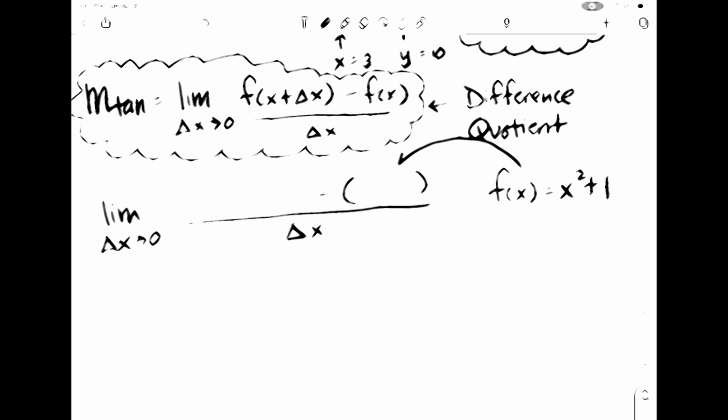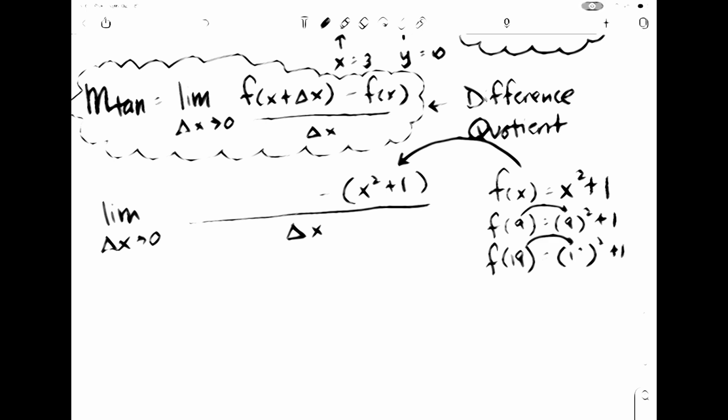They've given us f of x, x squared plus 1. The harder part will be figuring out what is f of x plus delta x. Well, f of 9 is something squared plus 1. If I do f of 9, I put a 9 in there. f of 19 is something squared plus 1. I'm going to put a 19 in there.